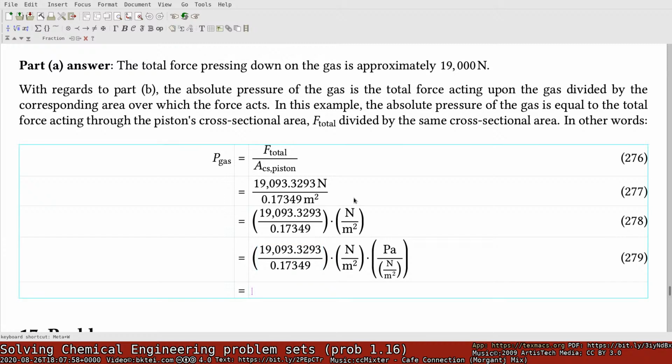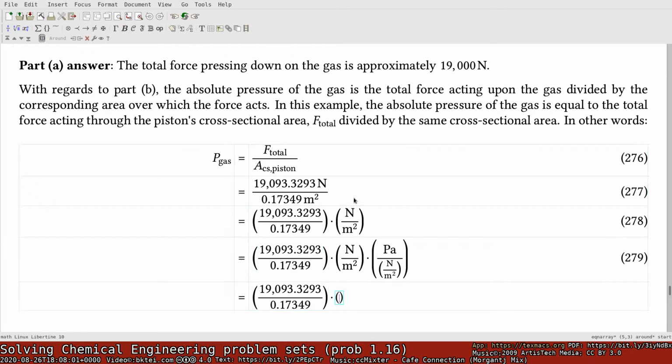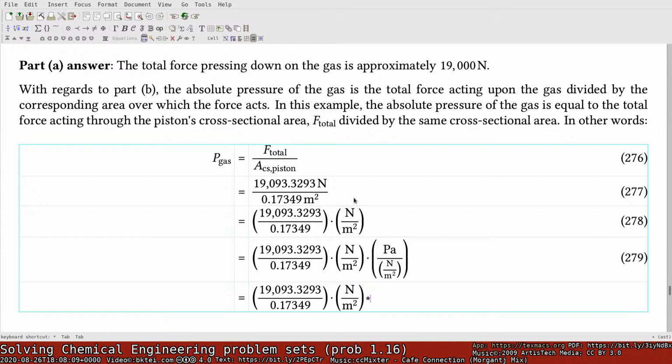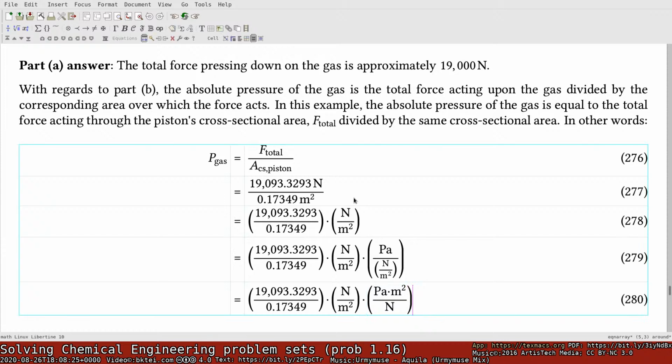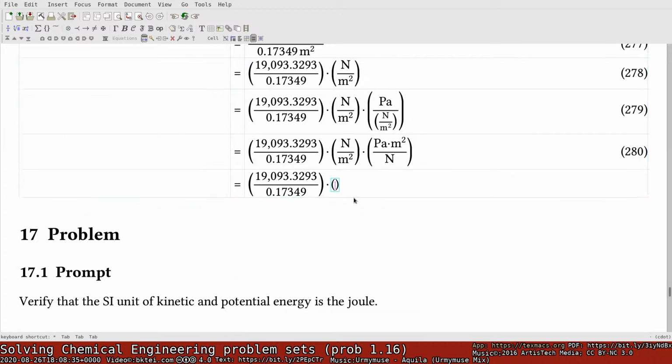And just because we can, that simplifies into pascal, newton, meter squared. All right, and everything cancels. Meters cancel, newtons cancel. And we're left with pascals.